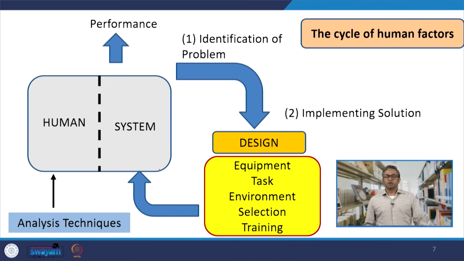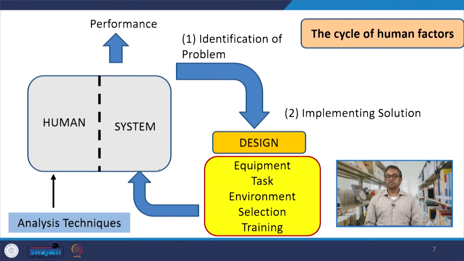Now, when we talk about the cycle of human factors, what we see here is that there are 2 systems involved: one is the human and one is the system. 40-50 years ago, people were calling the system a machine, so human machine system. Today the system we are highly using is the computer, so human computer system can also be seen.